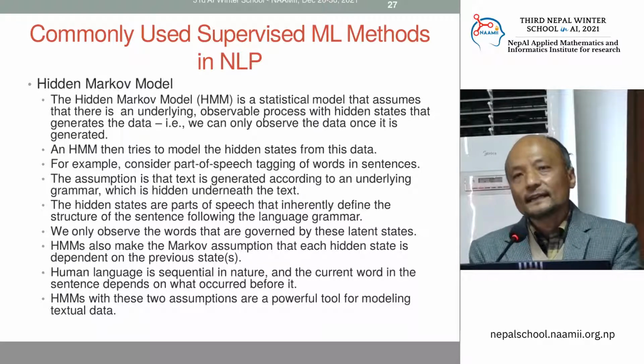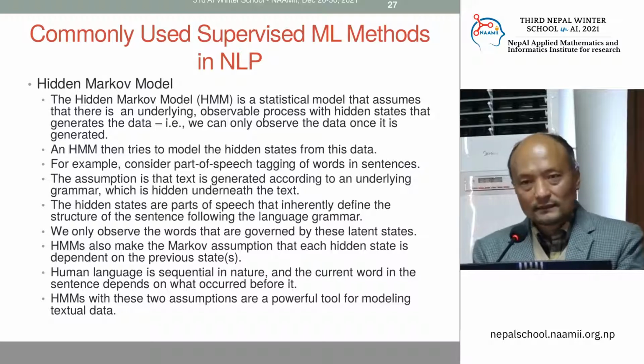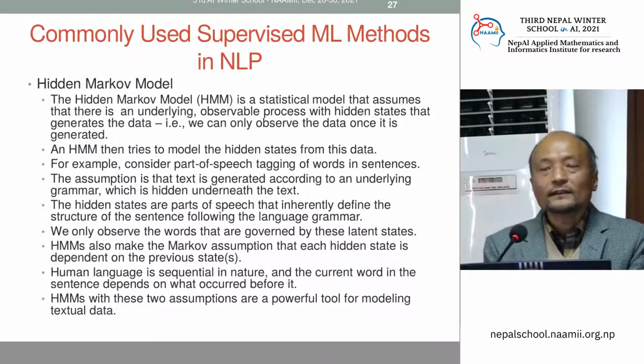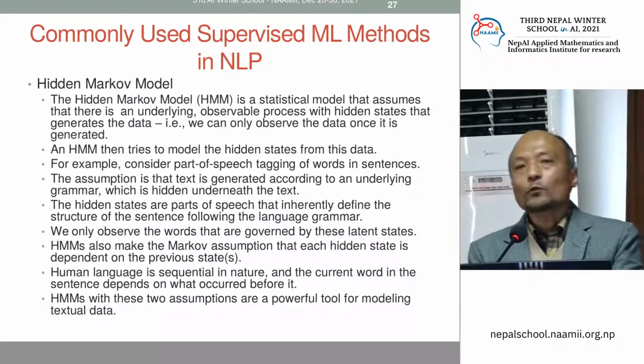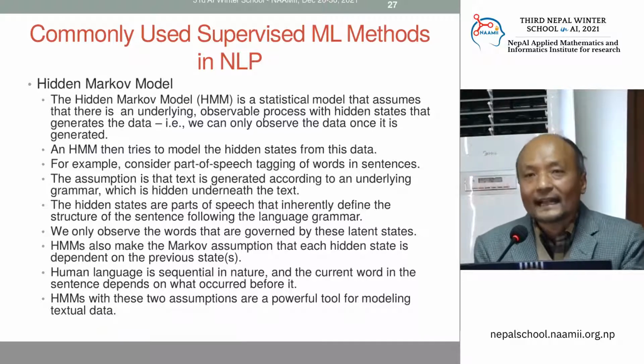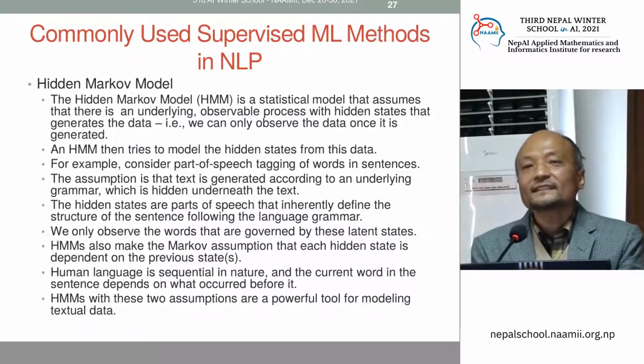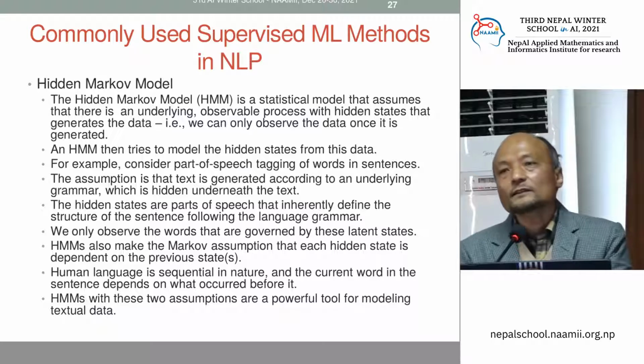Given a sentence, we just see the words. And the task is to tag each word with an appropriate parts of speech tag. And these parts of speech tags are hidden states. What we see is just the words.